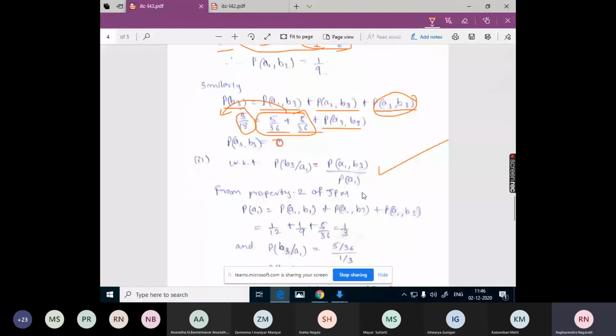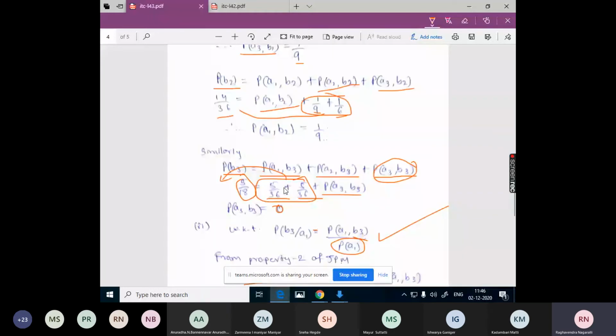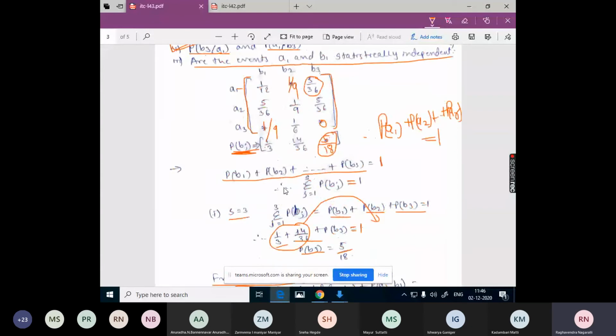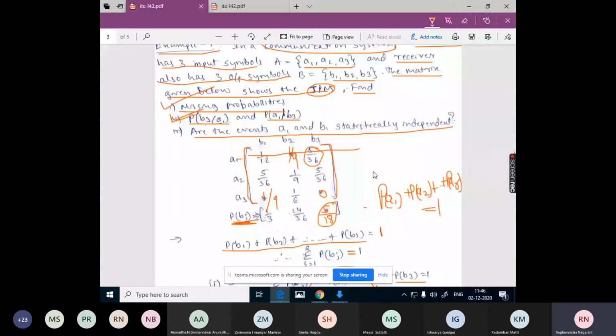We don't know this P of A1. From property 2 of JPM, P of A1 can be calculated by adding all the elements in the first row. The sum of all the elements in the second row gives P of A2, and the third row gives P of A3.